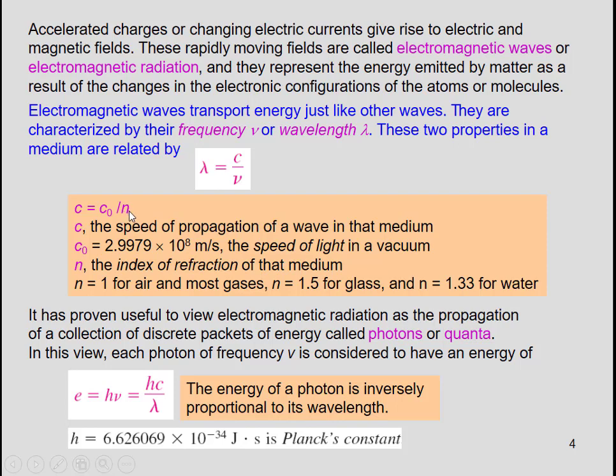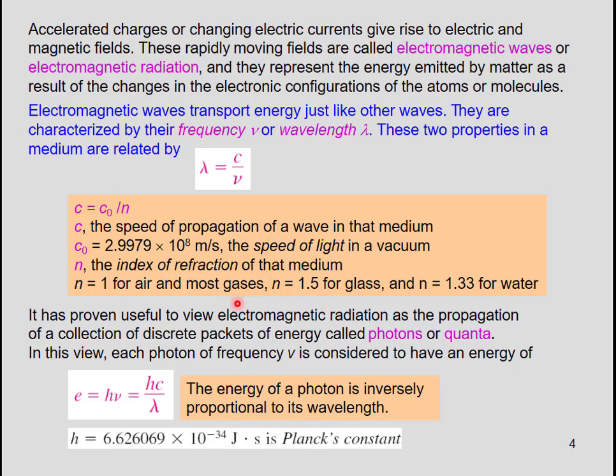And n in this equation to calculate the speed of propagation is the index of refraction of that medium, which is a characteristic of the medium which these electromagnetic waves are going through. This n is 1 for most of the gases, 1.5 for glass, and 1.33 for water.